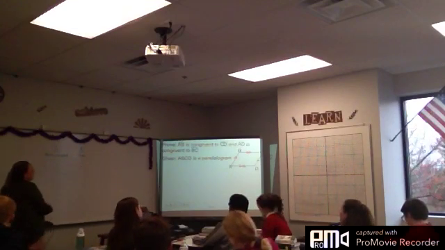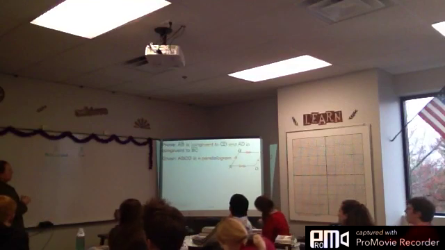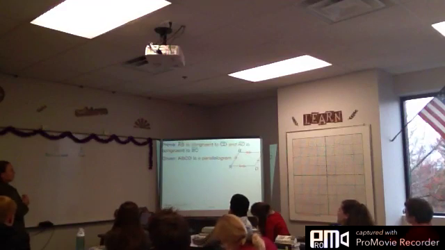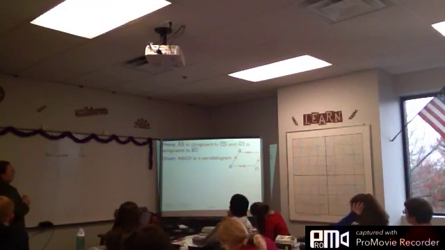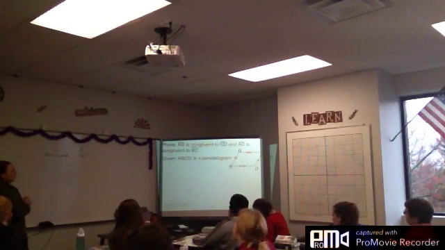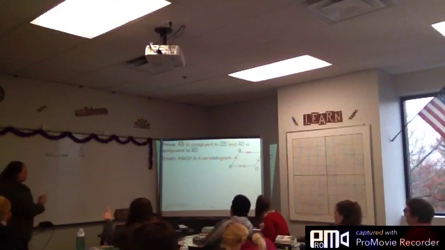Okay, so it says prove AB is congruent to CD and AD is congruent to BC. AB is parallel to CD. So you could say that they're parallel because... You have to list that they're parallel first because it's given.